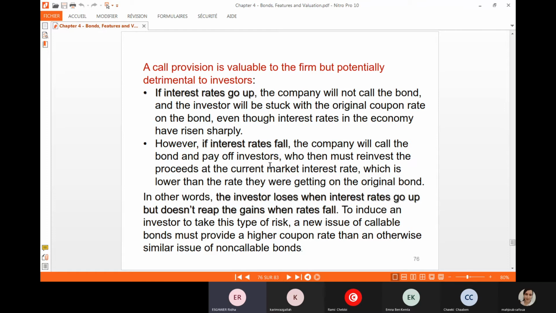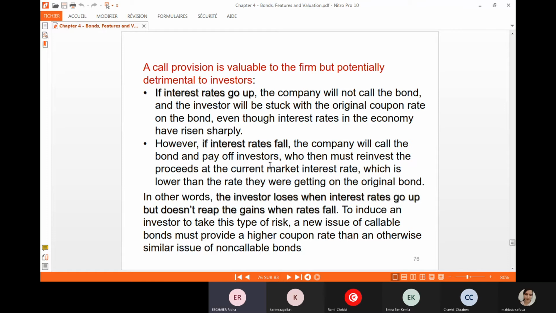If the interest rates in the market go up, if you issue new bonds, you have to issue new bonds with a rate equal or close to the market interest rate, which is high. So it's not logical to issue new bonds which have a higher cost for the company. So the company will not call the bond.